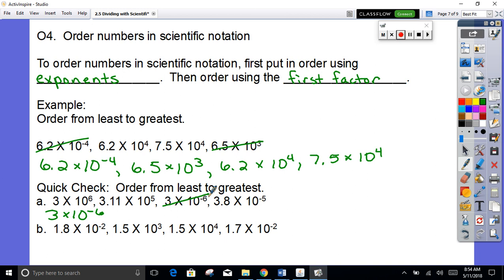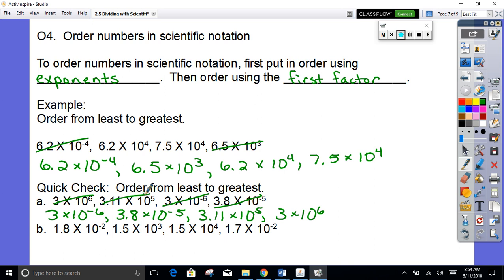Irene, which one would go next? 3.8 times 10 to the negative 5th. Good. And Sky, which one would go next? 3.11 times 10 to the 5th. Good. And then, of course, the last one would be 3 times 10 to the 6. So in this case, we didn't even have to look at the first factor. All we had to look at was the exponents.